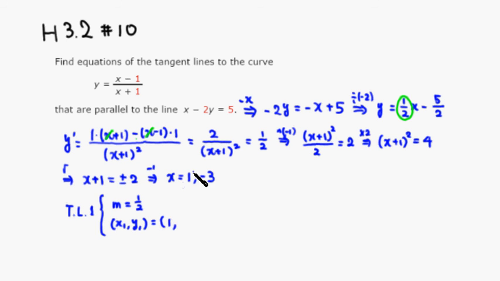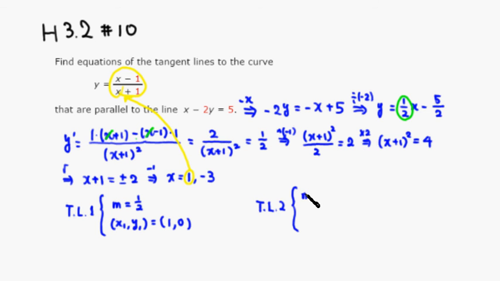Then the corresponding y value, you can just plug it in the original function. If you plug 1 in, it's going to be 1 minus 1, which is 0, over 2, so it's going to be 0.